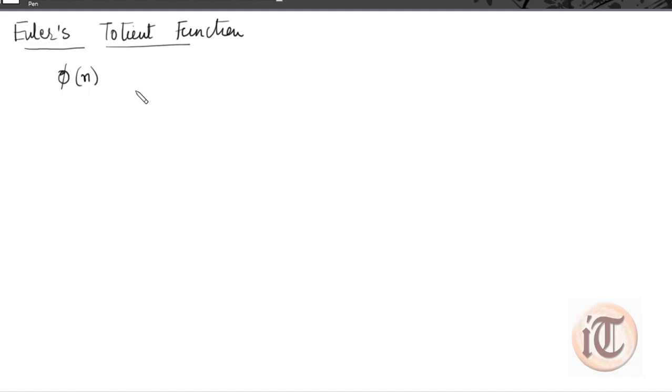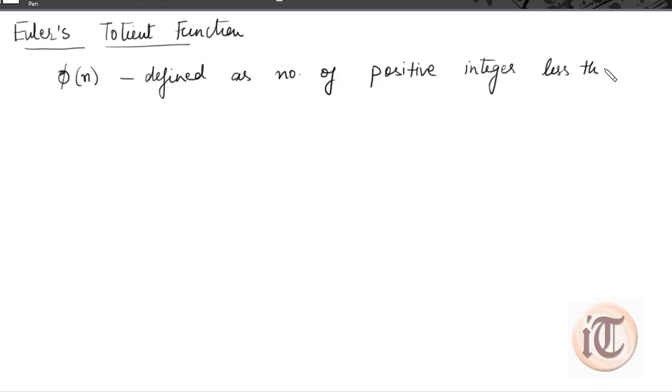This Euler-Totient function can be denoted as phi of n, which is defined as the number of positive integers which are less than the number n, and also relatively prime to n.